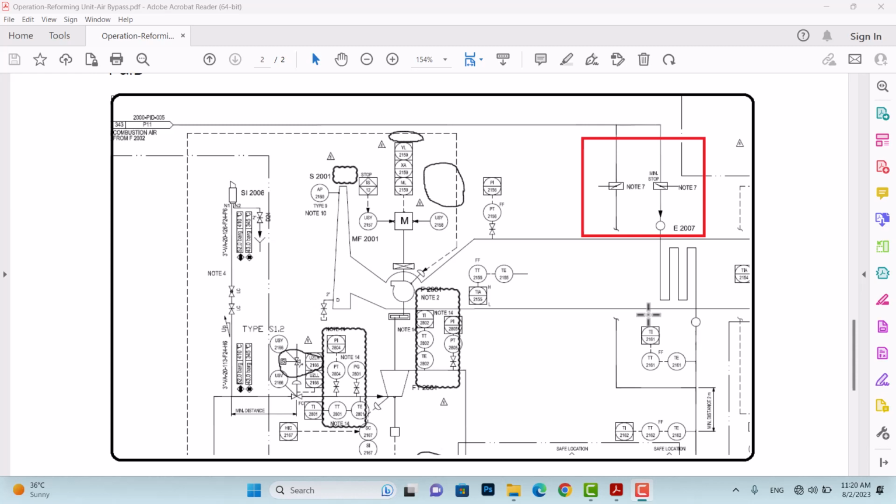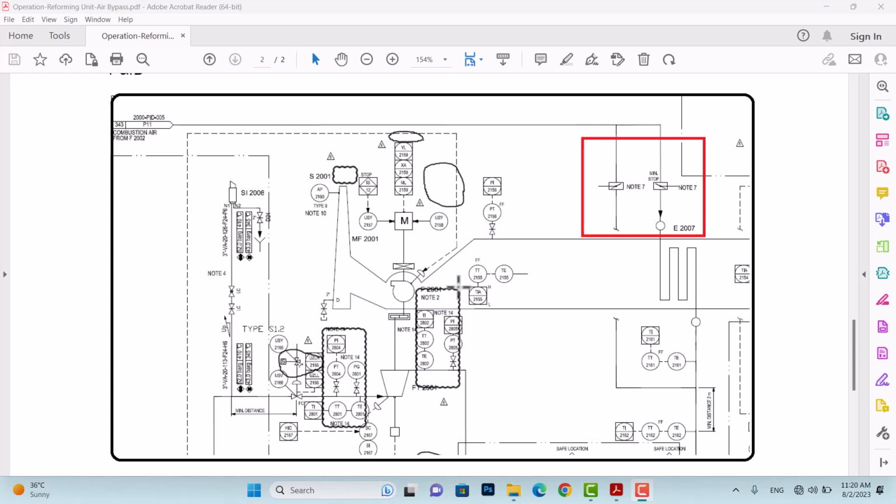Let me give you one specification here. The outlet temperature of the flue gas at the end of this duct should always be above 150 degrees Celsius in order to avoid any corrosion caused by sulfur compounds.